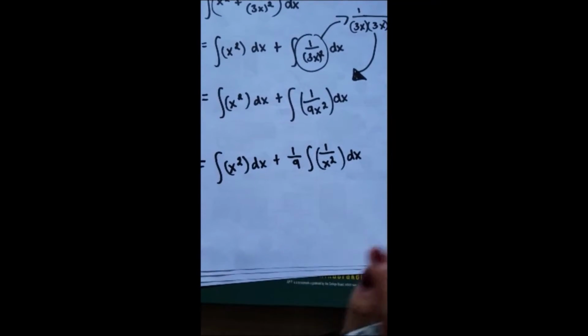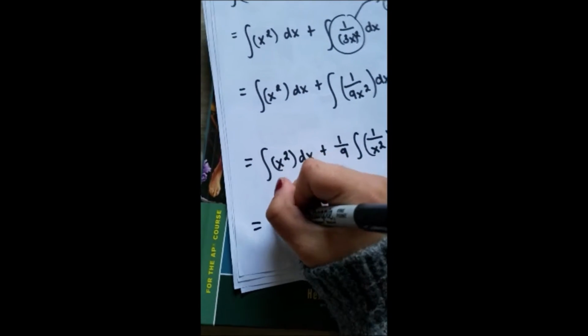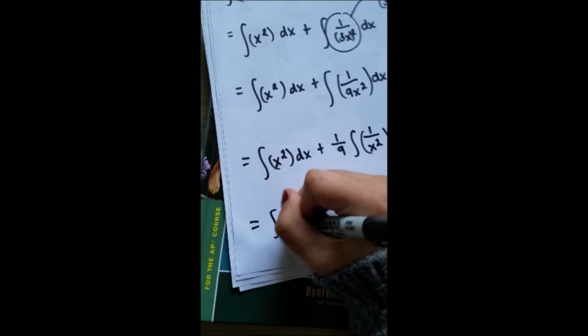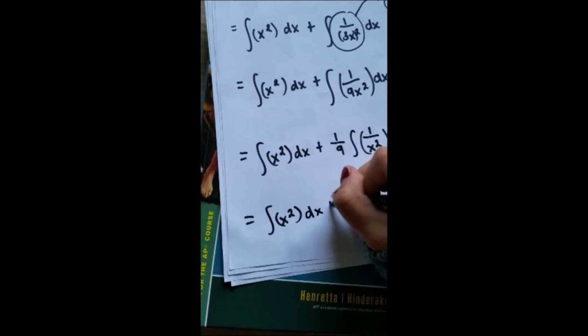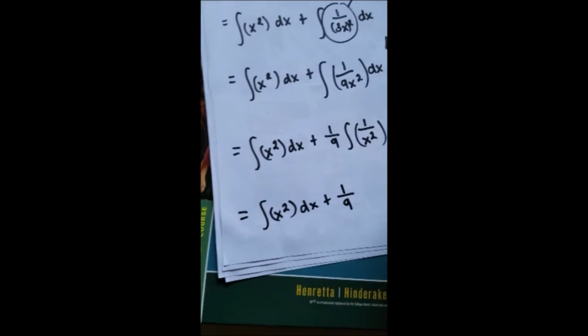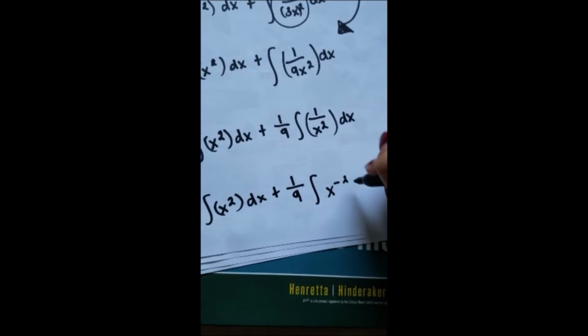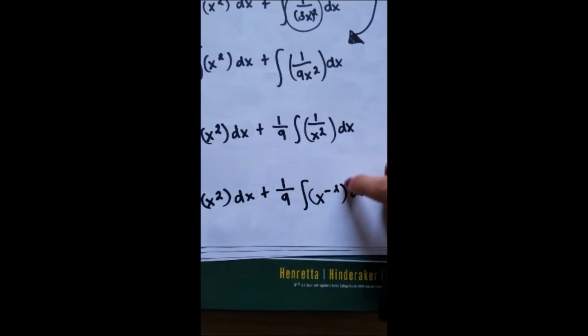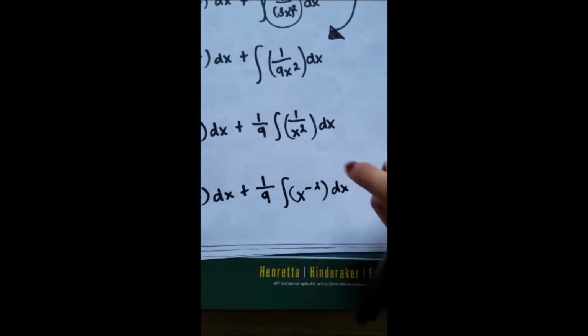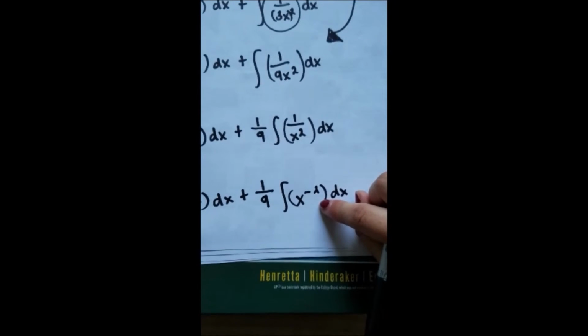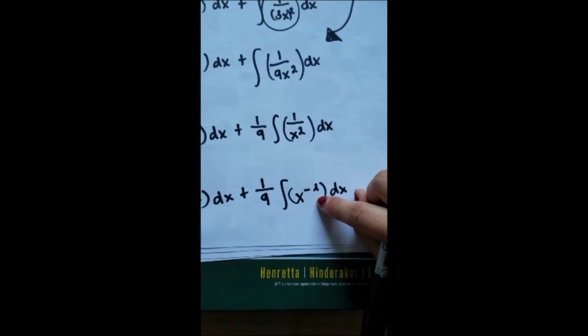So what you want to do to make that easier so you can use the power rule is you want to make it equal to x to the negative 2. And these two are the same, it's just a different way of saying it, but when you put it in this form, it's a lot easier to do the power rule.